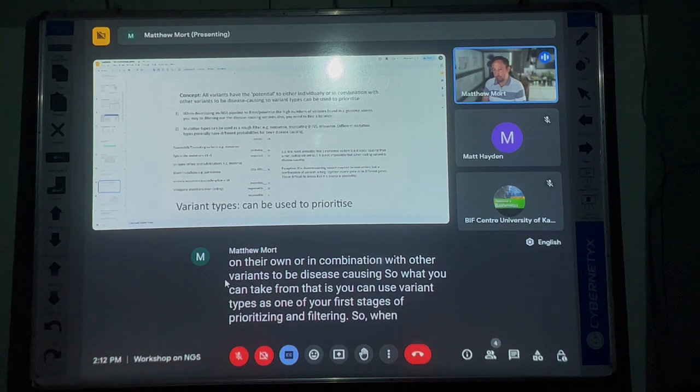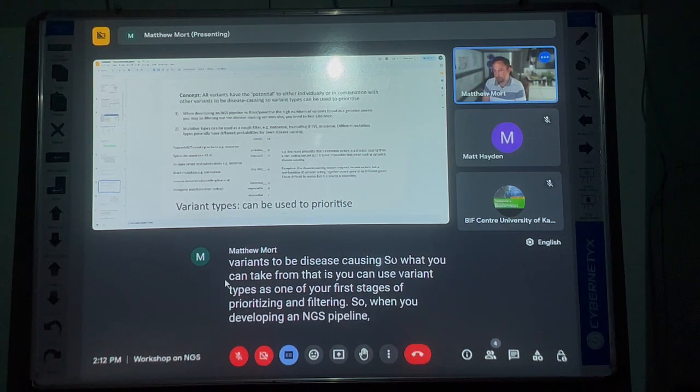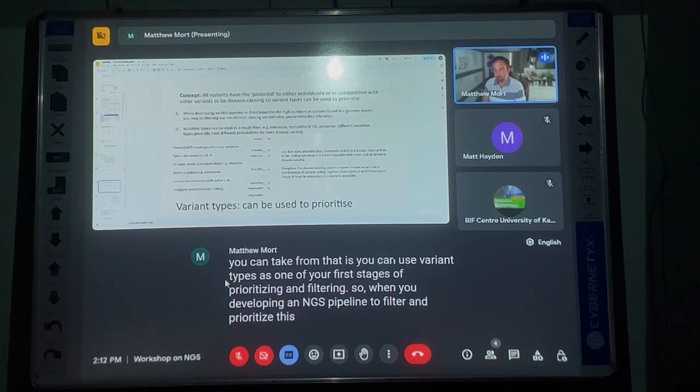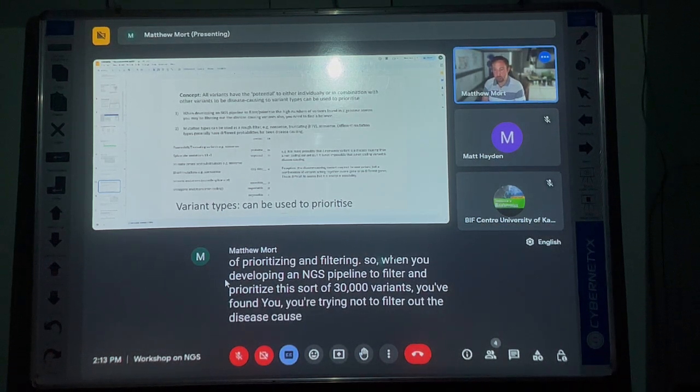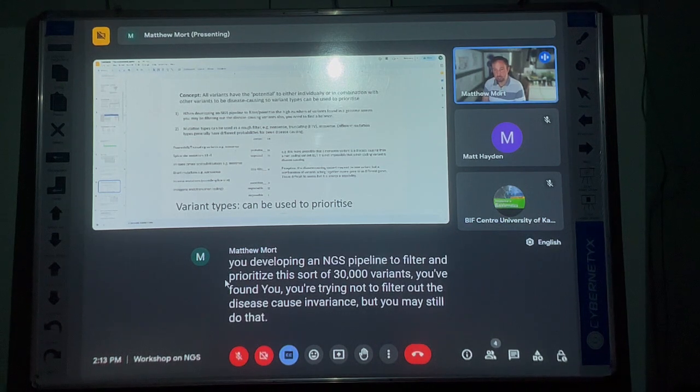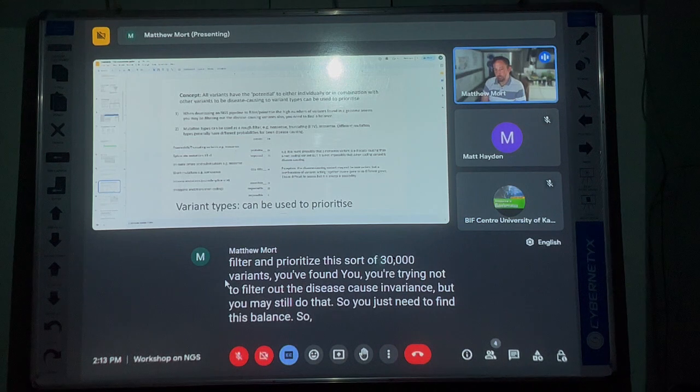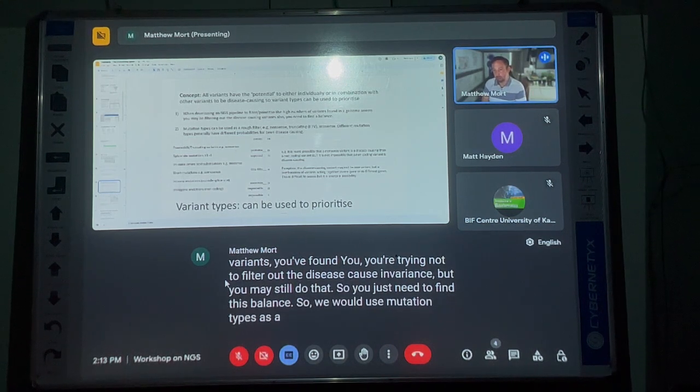When you're developing an NGS pipeline to filter and prioritize these 30,000 variants, you're trying not to filter out the disease-causing variants, but you may still do that, so you need to find this balance. So we would use mutation types as a rough filter.